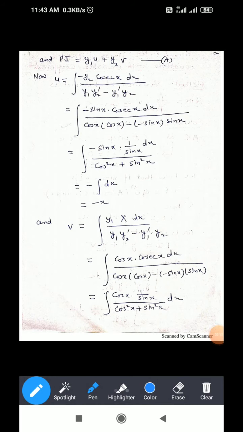So u is equal to integration of minus y2 cosec x dx upon y1 y2 dash minus y1 dash y2.